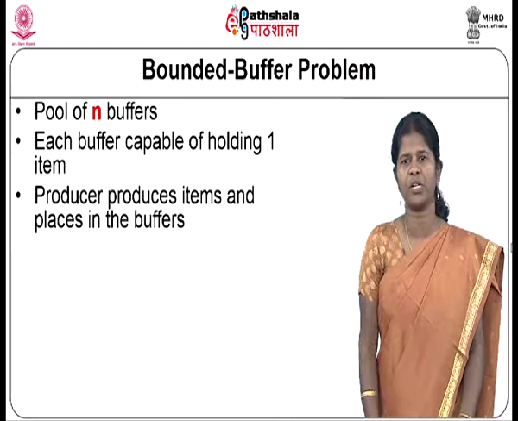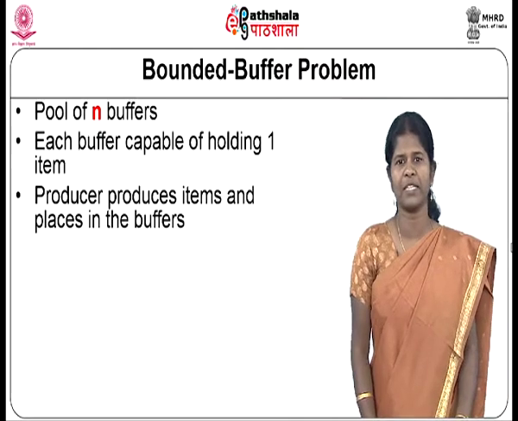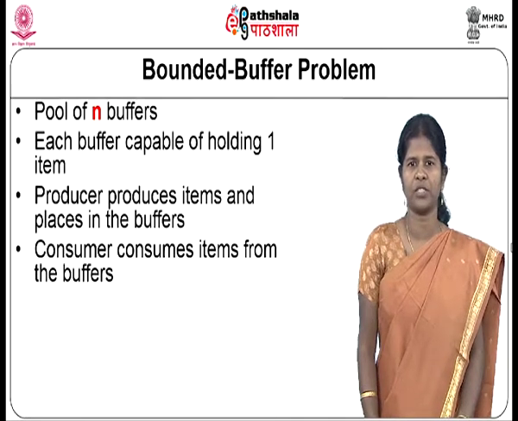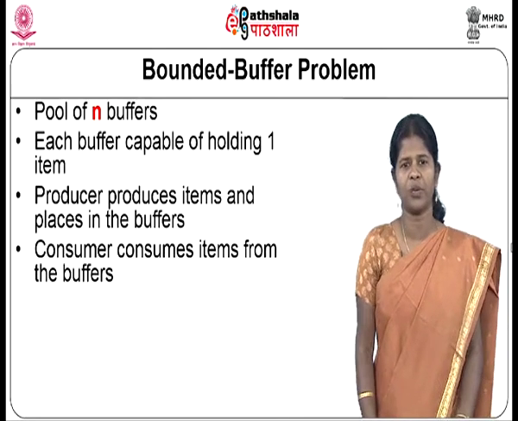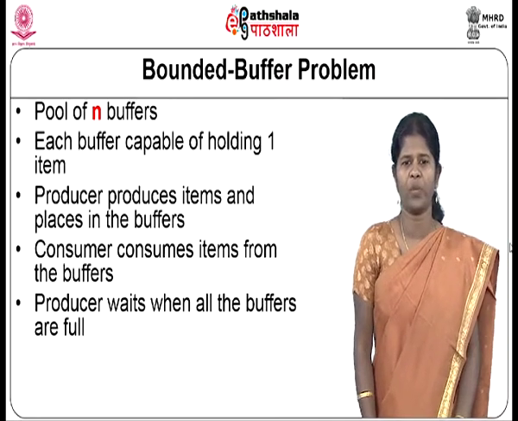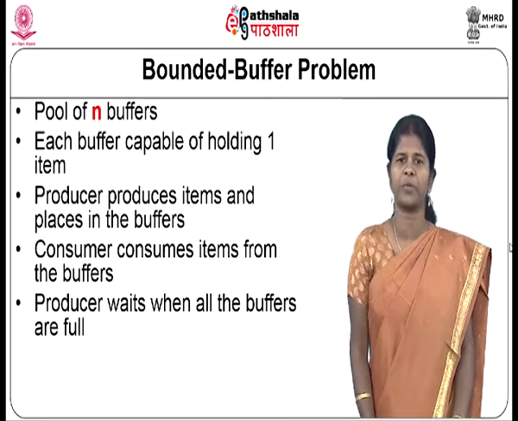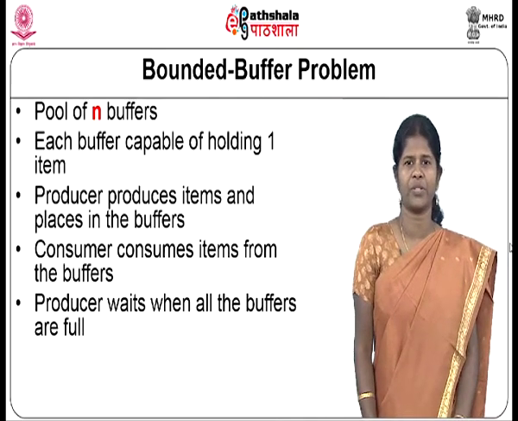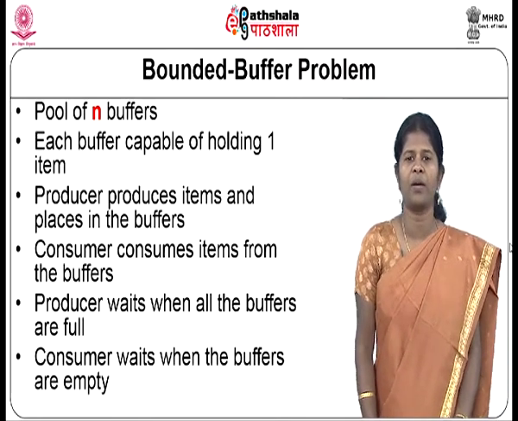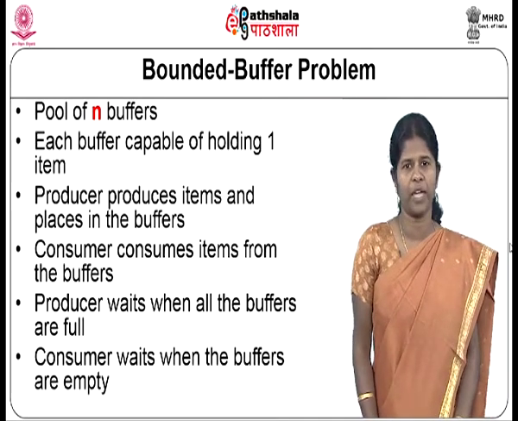There is a producer process which produces items and places them in the buffers, and there is another process called the consumer process, which consumes the items from the buffers. The producer will have to wait when all the buffers are full, since there is no place to place the item. And when the buffers are empty, the consumer will wait because there is no buffer which has an item to consume.